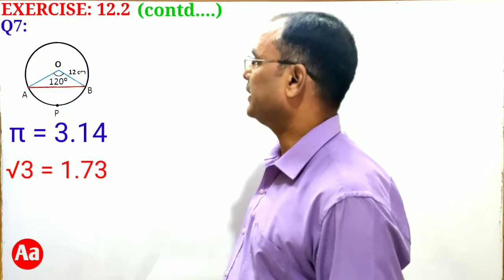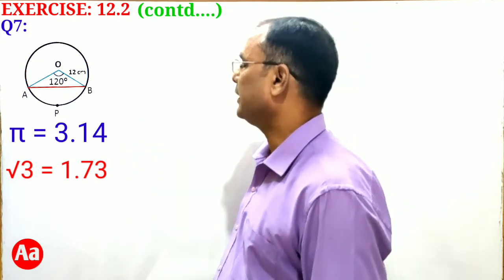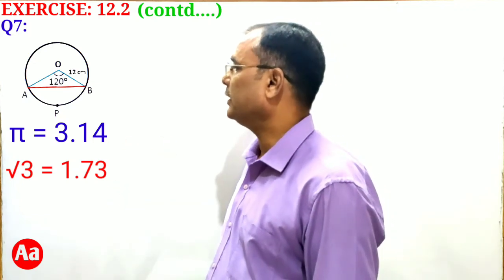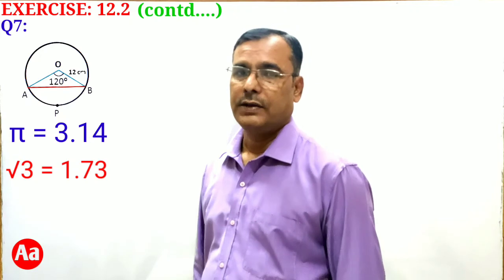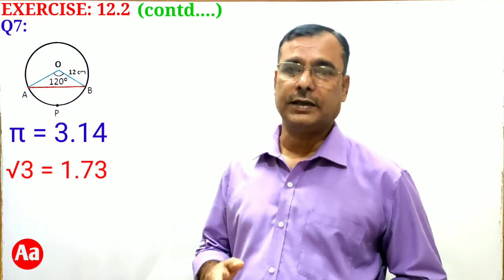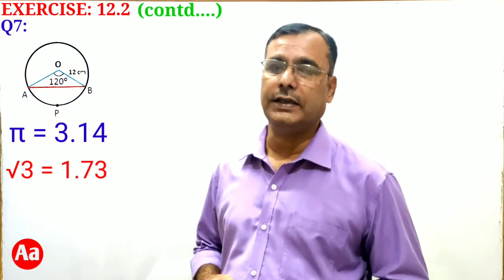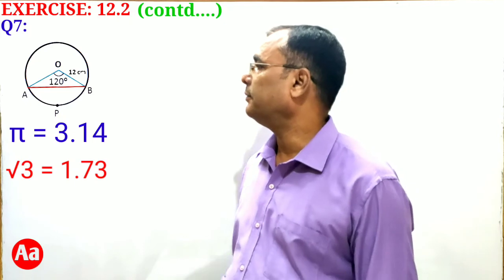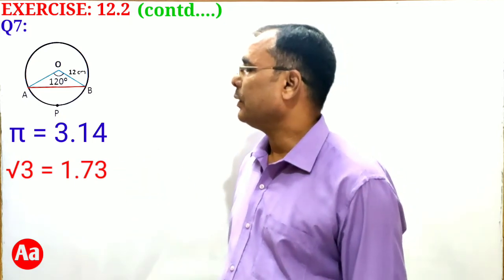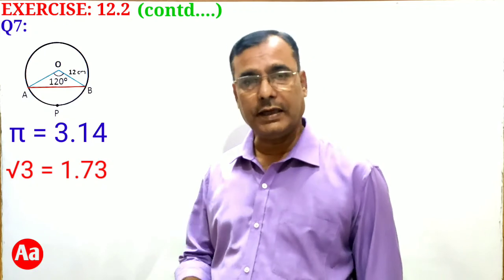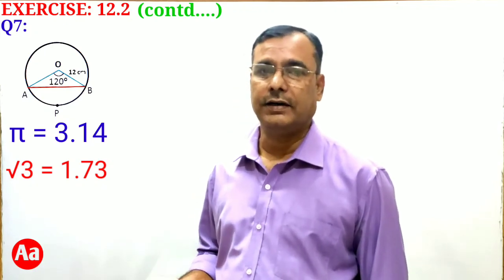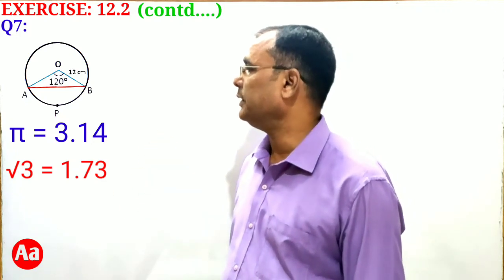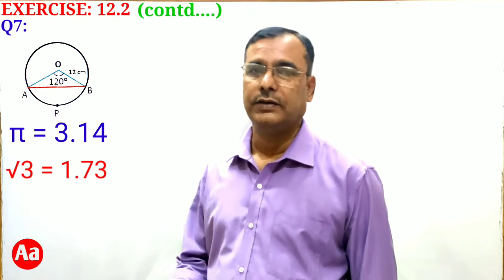O is the center of the circle and radii OA and OB are given 12 centimeter, and the sector angle is also given 120 degrees. So to find the area of segment APB, first we'll find the area of sector OAPB and then we'll find the area of isosceles triangle OAB, and then we'll calculate the area of segment APB equal to area of sector OAPB minus area of triangle OAB.